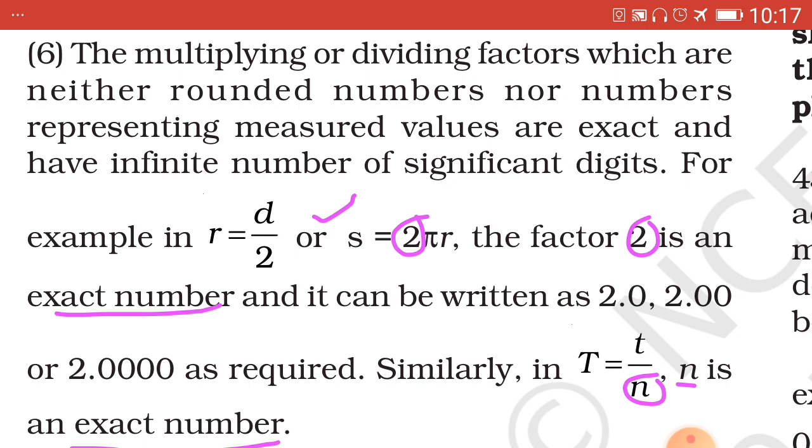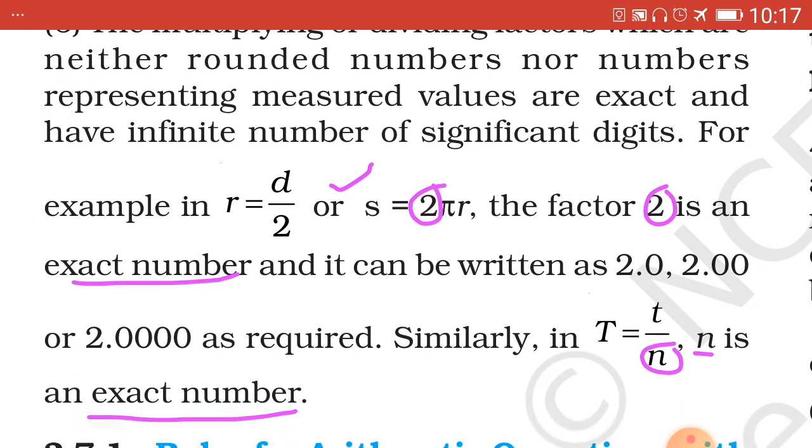Now, or s equal to 2 pi r, where s stands for surface area and r is the radius. Then in both the formulae, 2 is a factor, it is an exact number, so it can be written as 2.0, 2.00, whatsoever zeros may be placed after 2.